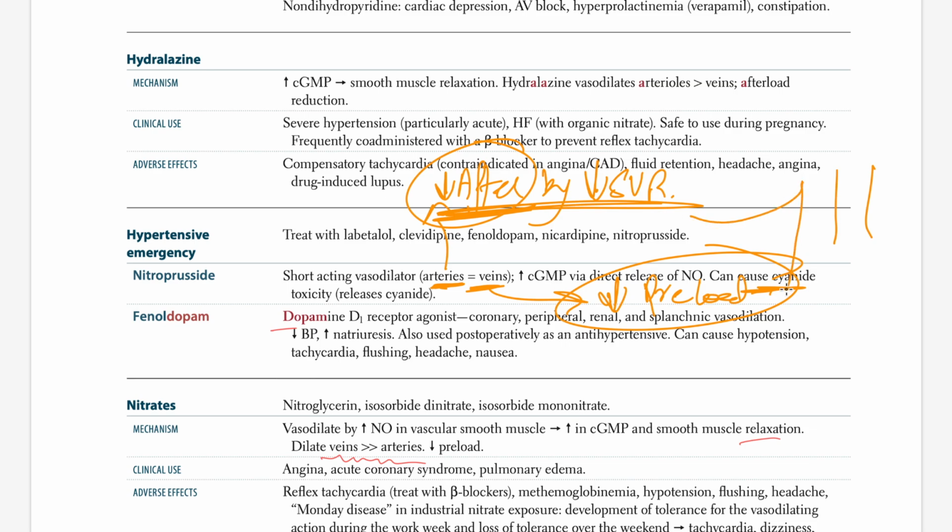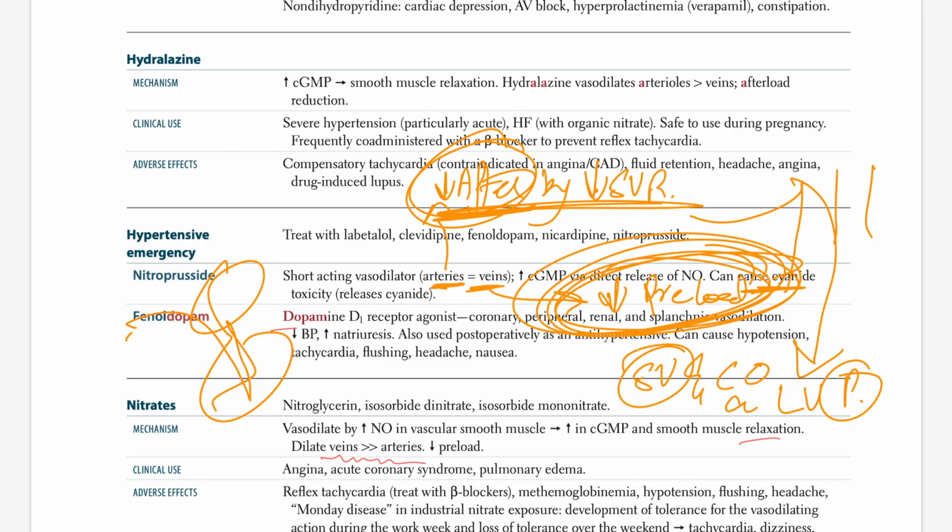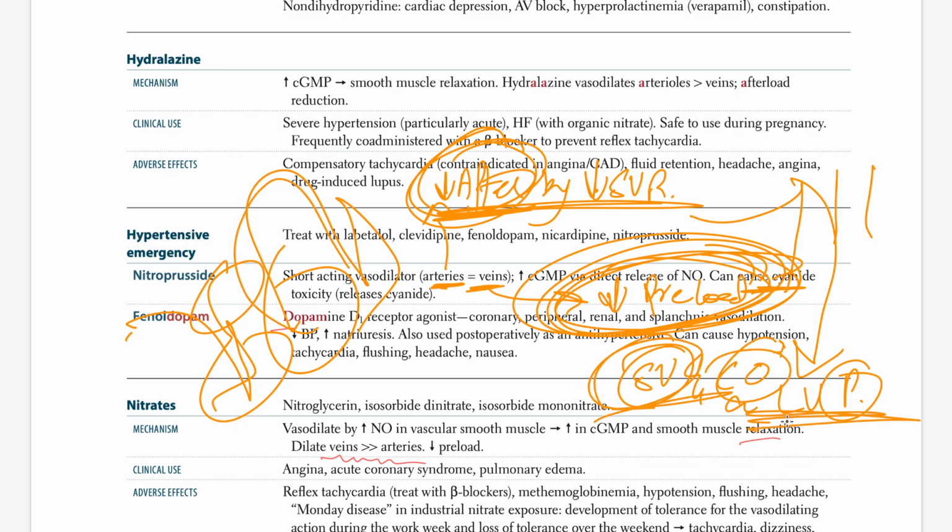What is going to happen with these two factors? It's going to maintain the stroke volume and cardiac output at a lower left ventricular pressure, because decreased preload means not much is coming to the heart, and decreased afterload means the heart can easily pump things out. So you're maintaining the stroke volume and cardiac output at a lower left ventricular pressure.